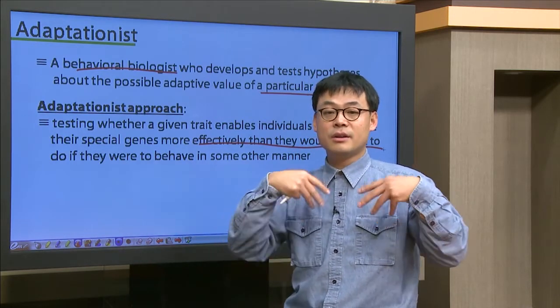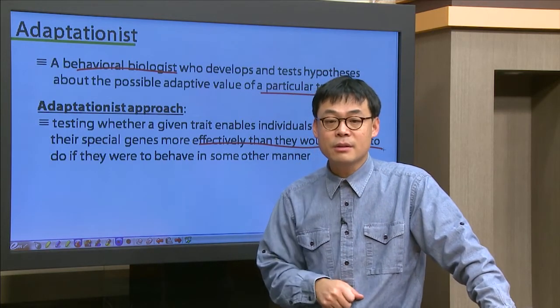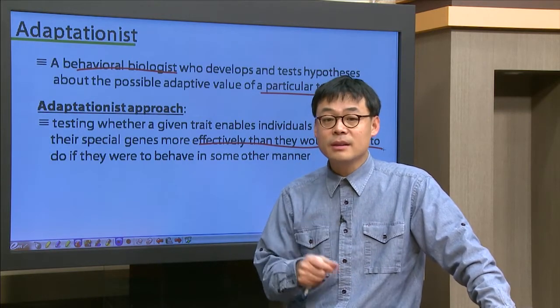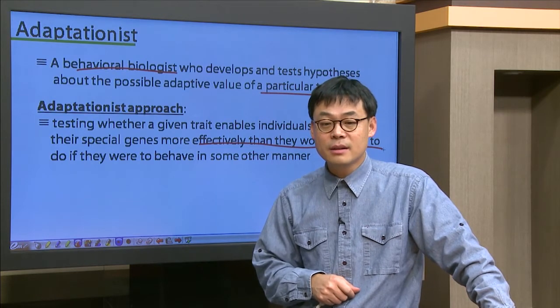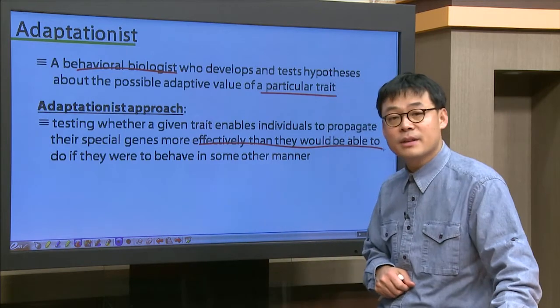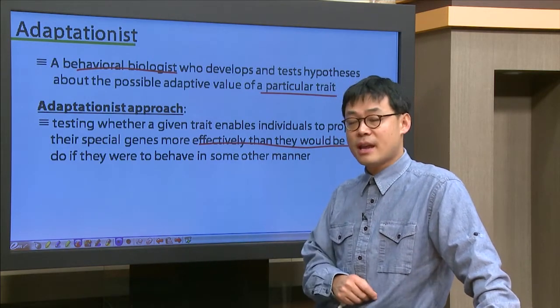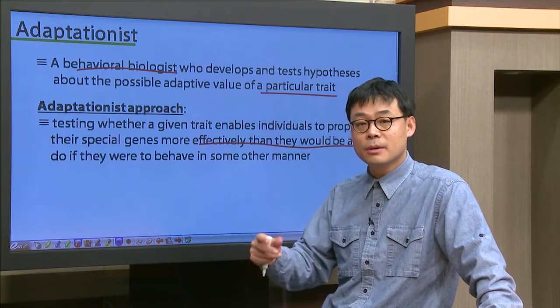If the behavior that you are studying has a higher adaptive value, then the animals probably exhibit that behavior to have higher fitness. That way you understand why animals perform a particular behavior.